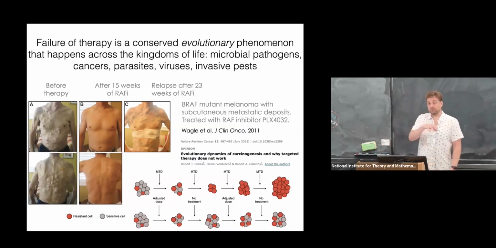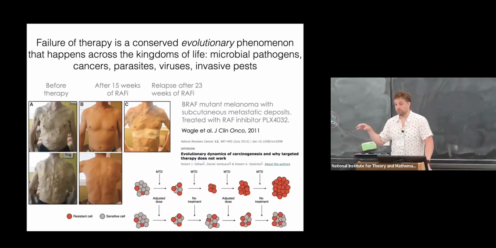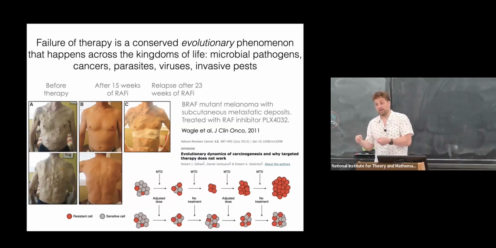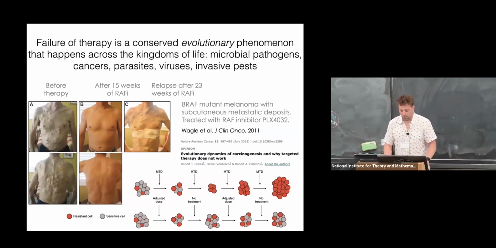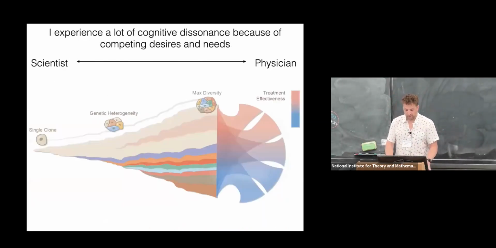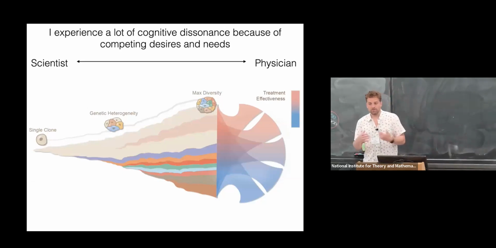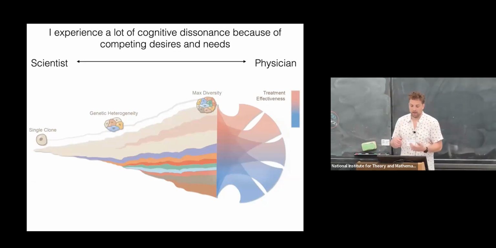So if you mess with the wolves, things happen to the moose. And if you can model and specifically put numbers on those parameters, you can actually move toward a control theoretic framework. And that's sort of where my lab wants to go, writ large. But I do experience a whole bunch of cognitive dissonance in my life. On the Fridays when I take care of patients with cancer, all of these sort of beautiful models fall apart.